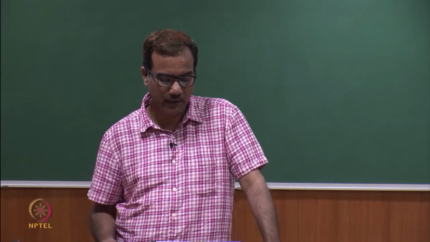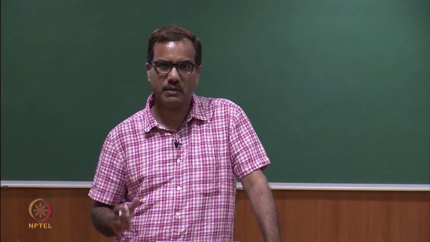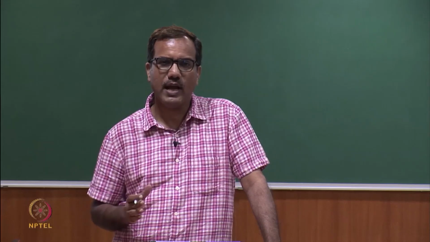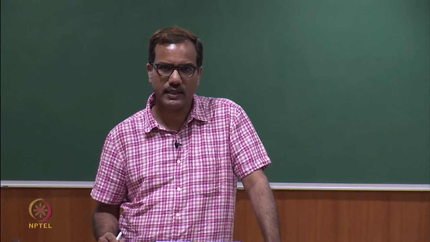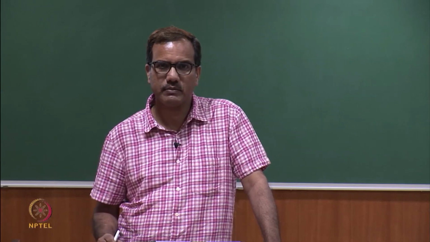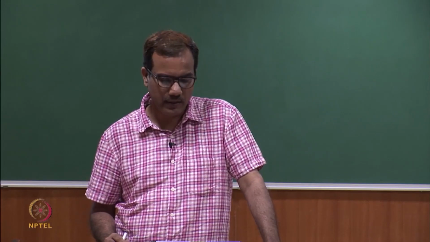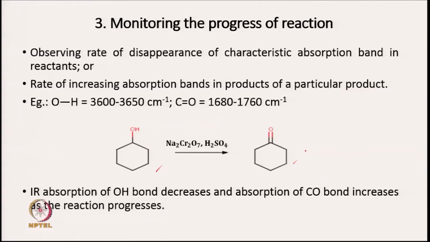So, for example, if we are looking at this transformation from alcohol to keto group, the reactant has an OH functional group. So, you can look at the rate of disappearance of alcohol and then you can study the kinetics, whereas you can also look at the increase in the absorption band of CO to monitor the progress of the reaction.